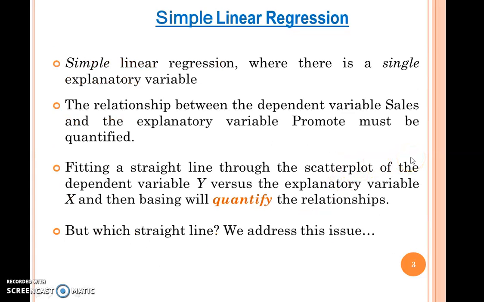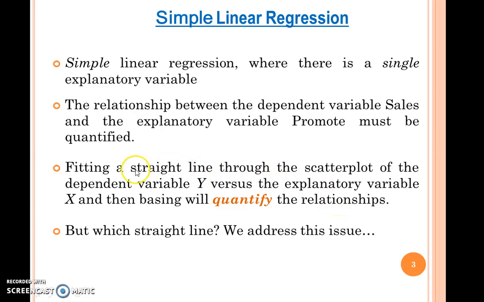In simple linear regression there is a single explanatory variable, which I have already defined. The relationship between the dependent variable, sales, and the explanatory variable, promotion, must be quantified. It is very important that we quantify it. So here we fit a straight line through the scatter plot of the dependent variable y versus the explanatory variable x, and this will quantify the relationship.